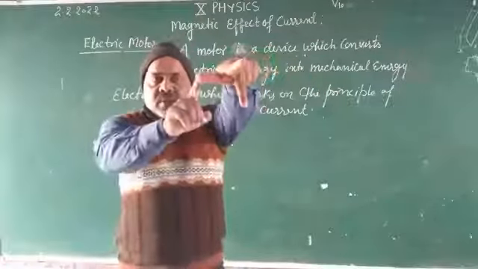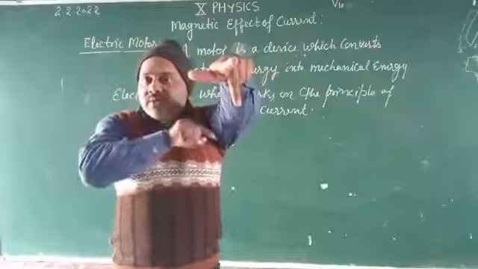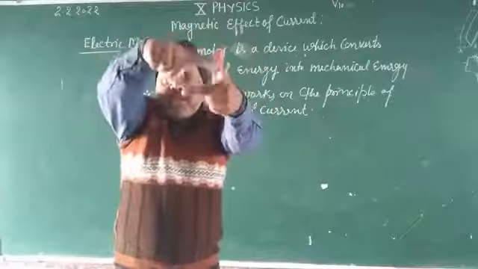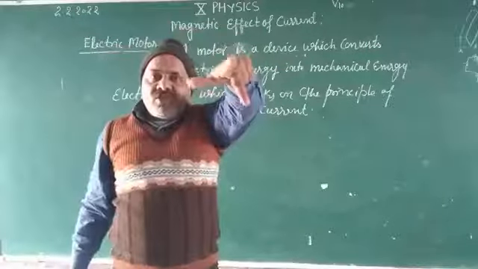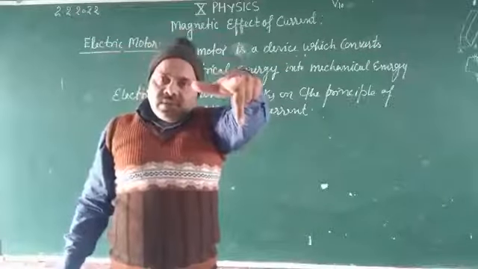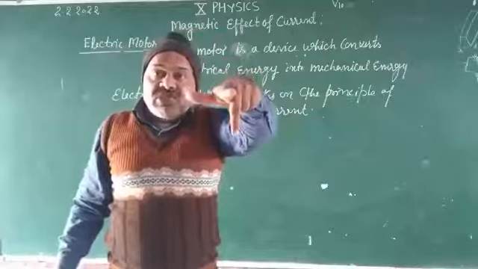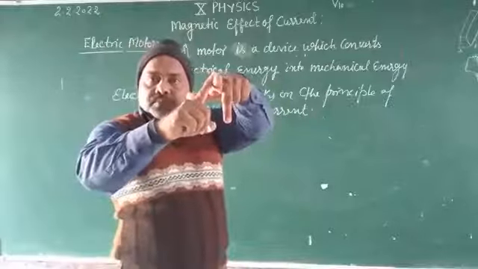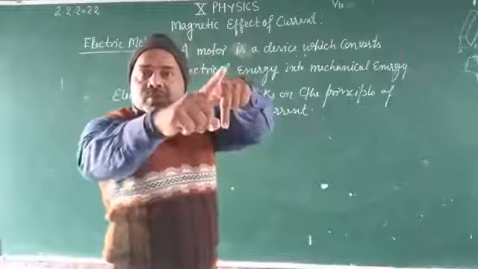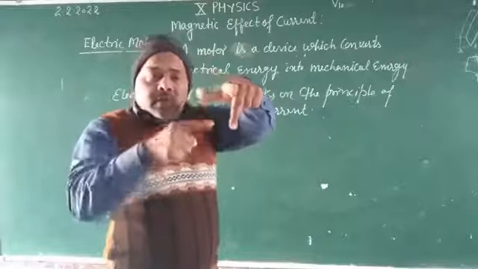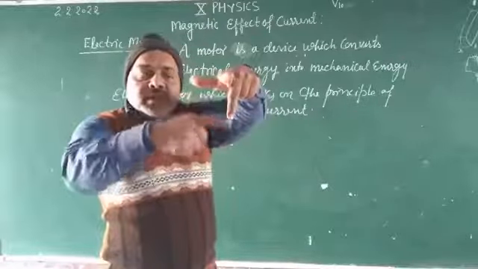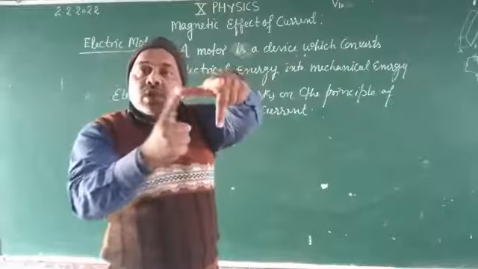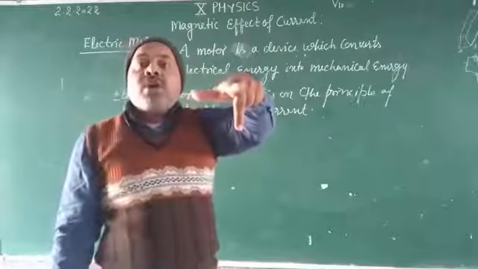When we stretch our three fingers in such a way that they are mutually perpendicular to each other, at 90 degrees, then our forefinger points in the direction of magnetic field, the central finger points in the direction of current, and our thumb gives us the direction of force or the direction of motion of the coil.